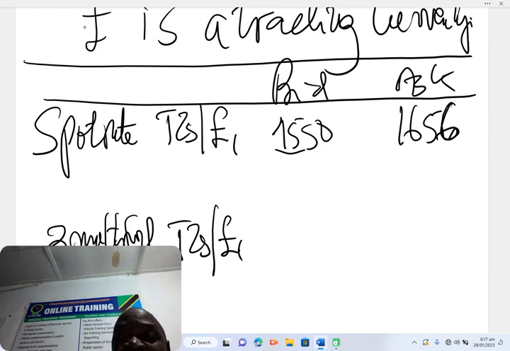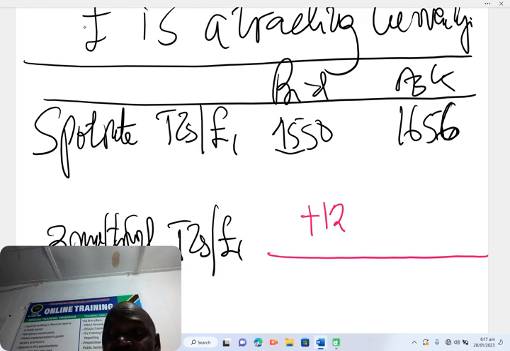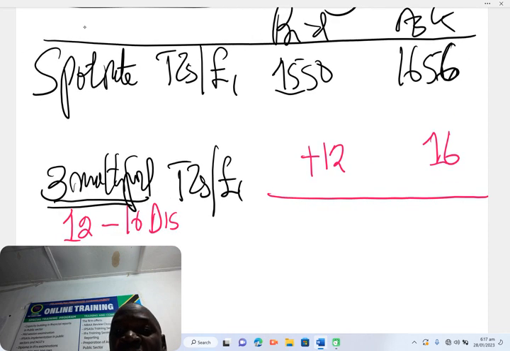Now, because discount has been given, from our formula, I said when there is discount, you add. When there is premium, you subtract. So you have to add 12 here. And also you add 16 here to arrive at the quotation itself.